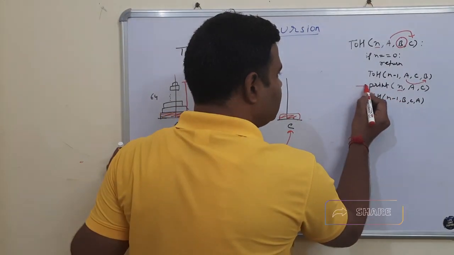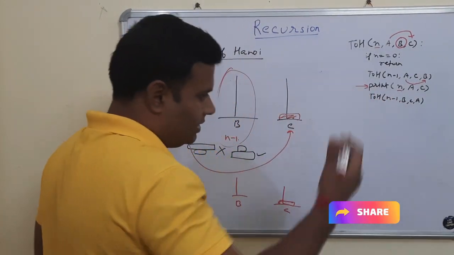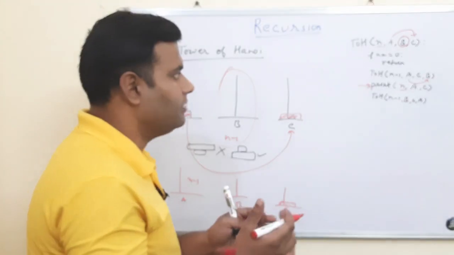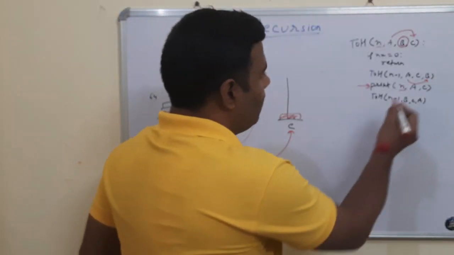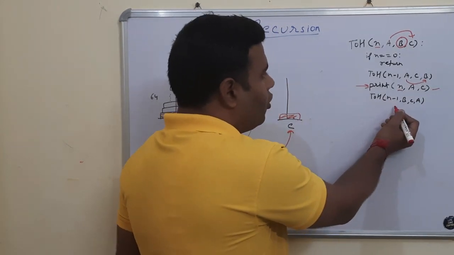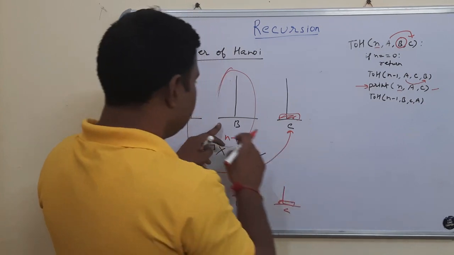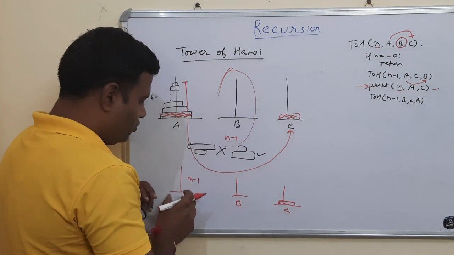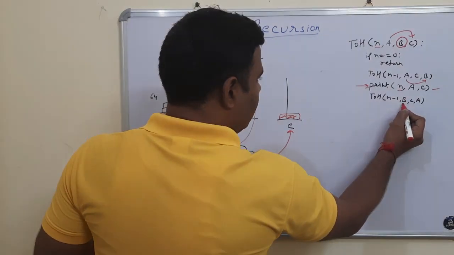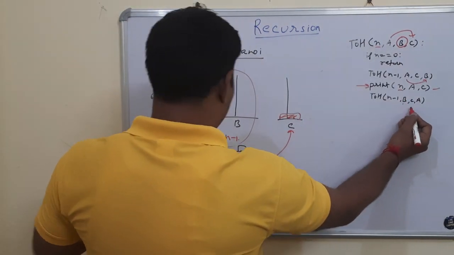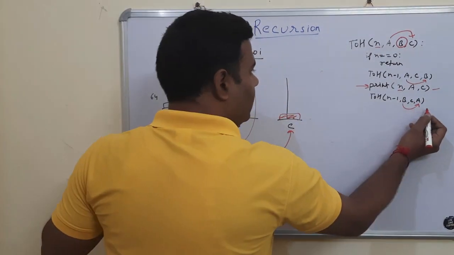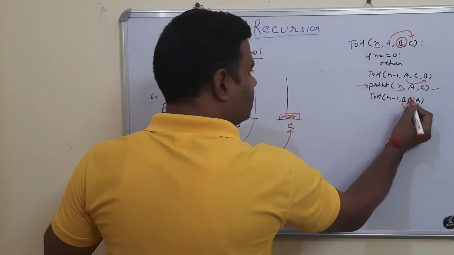This is just a print statement, so that at the end we can get the steps that have been taken. Once this step is done, we again move all the disks which were placed in these n minus 1 back to A, moving all the disks from B to A, using C as a spare one.